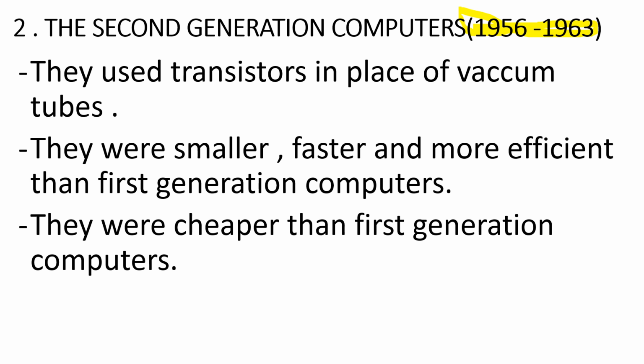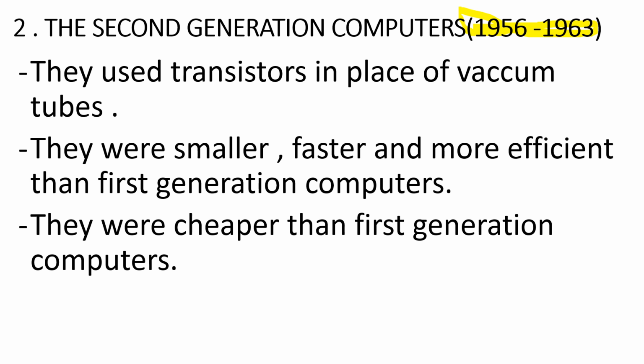They were also faster, they were giving quick results, and they were processing in a more efficient way than the first generation computers. Now, they were also cheaper than the first generation computers, right? Since these developments were done, they were also cheaper, means less costlier than the first generation computers.